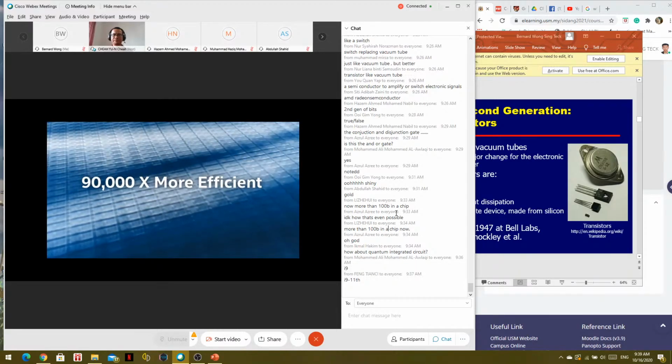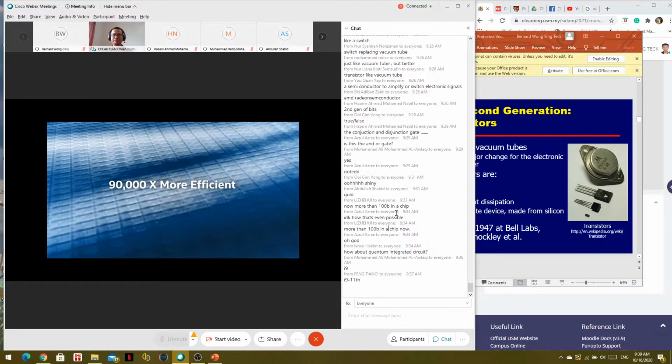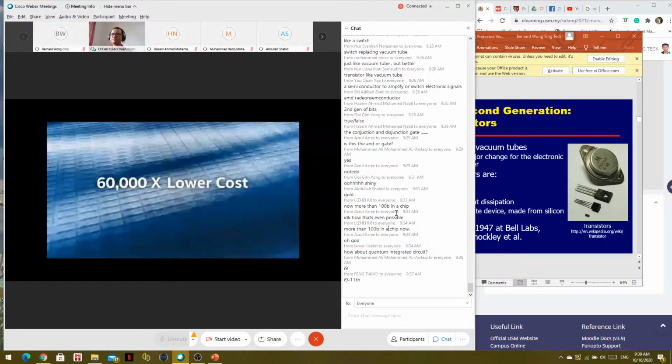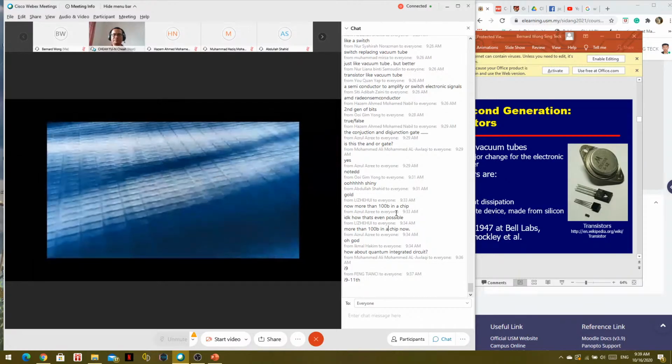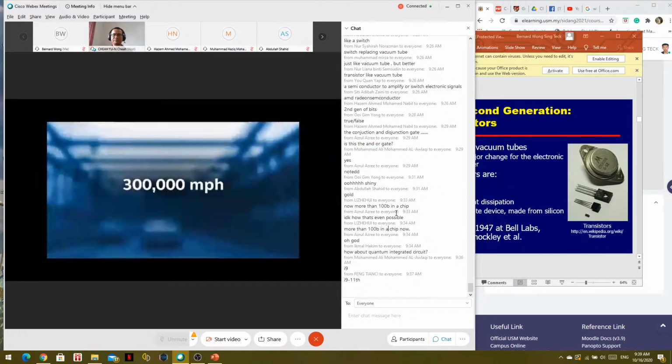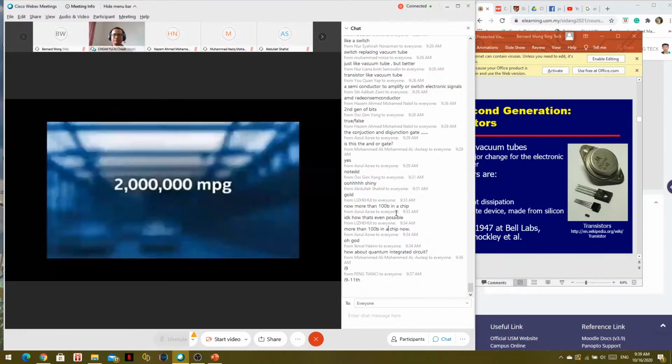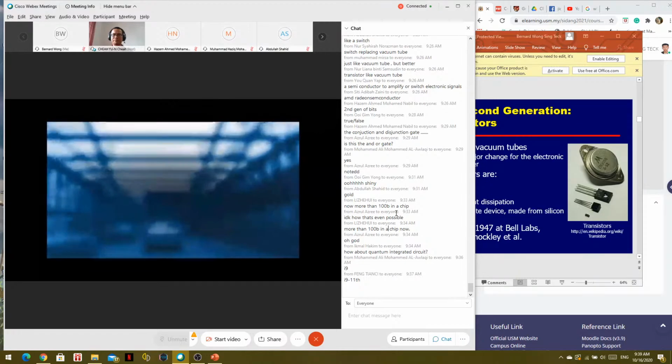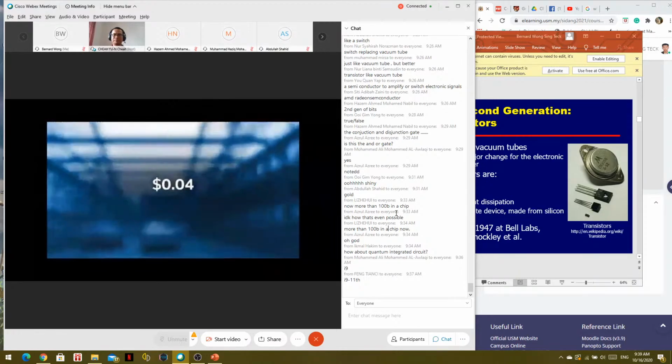Energy efficiency is improved 90,000 times, and the price per transistor has fallen by over 60,000 times. If automotive technology had progressed at the same rate, cars would go almost 300,000 miles per hour, get over 2 million miles per gallon, and cost only 4 cents.